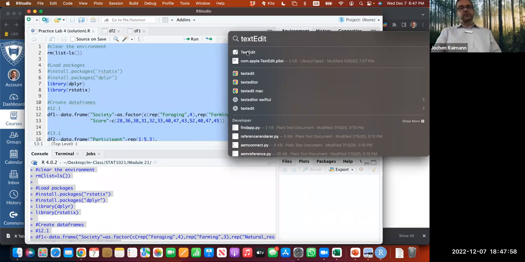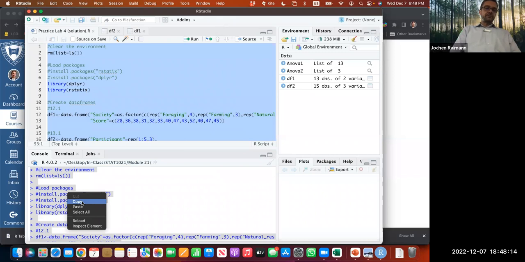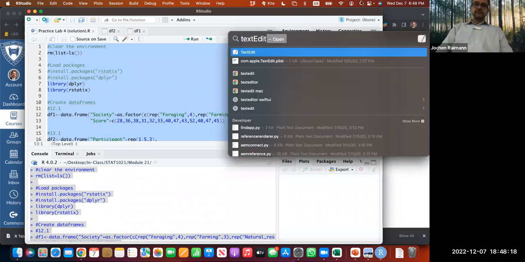Then go into your script, press Command and A or Control and A on a Windows computer, which selects the entire script like this. Then you run the entire script with Control and Enter. And you copy everything in your console, and you copy it in a text file. And the text file is found in the Spotlight, or with a right click on a folder on Windows.